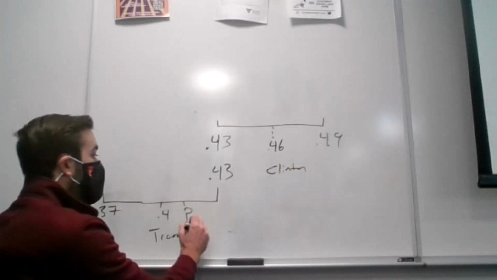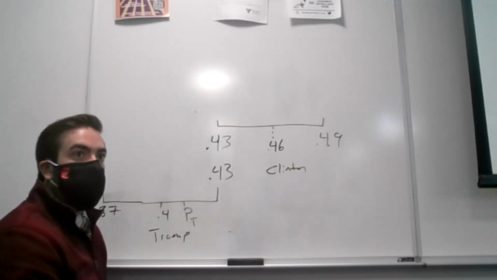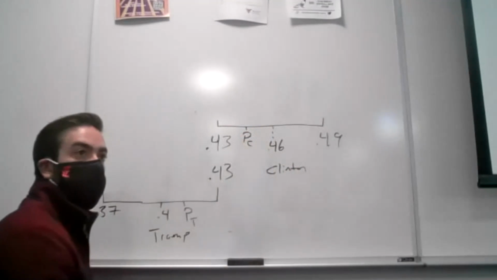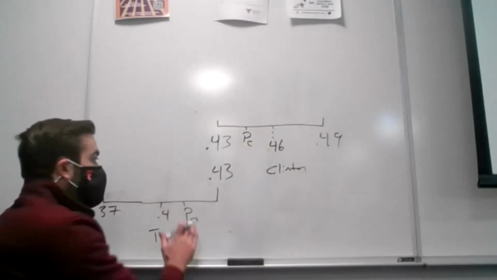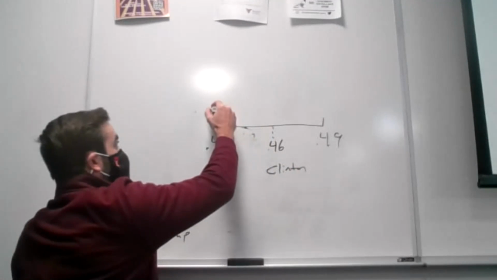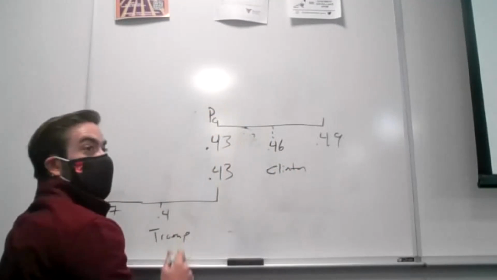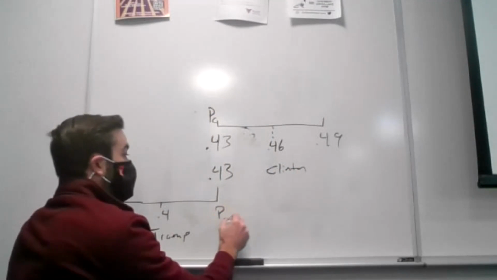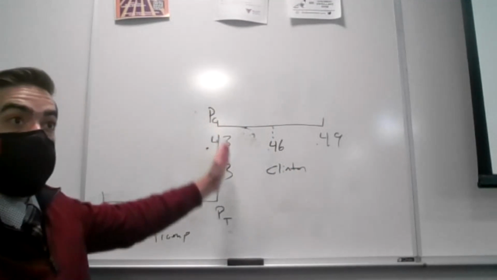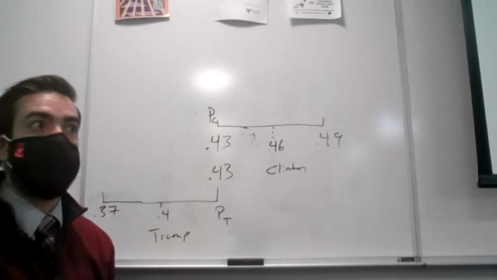So the true population proportion could be somewhere like here, and for Clinton, somewhere right here, right? However, it could also be true that for Clinton it's exactly 0.43, and for Trump it's exactly 0.43. In which case they're the same value. I can't actually say that one's going to be higher than the other.